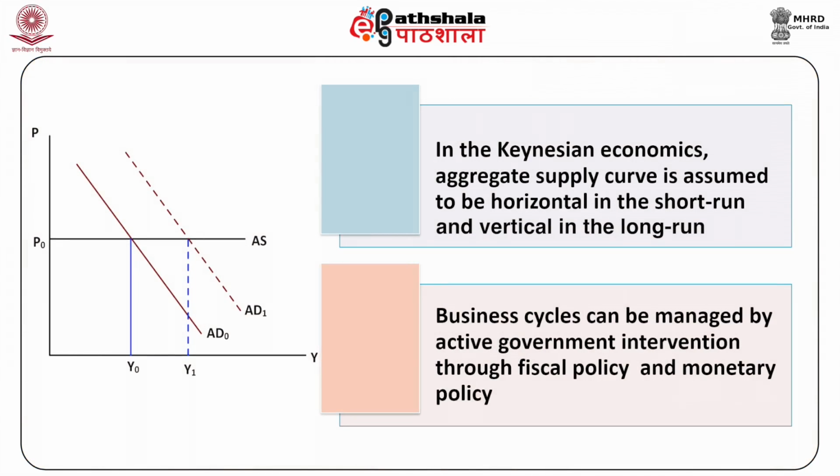In Keynesian economics, the aggregate supply curve is assumed to be horizontal in the short run and vertical in the long run. Thus, Keynes believed that these kinds of business cycles can be managed by active government interventions through fiscal policy, that is, by spending more in recessions to stimulate demand, and by monetary policy, that is, by stimulating demand with lower rates.